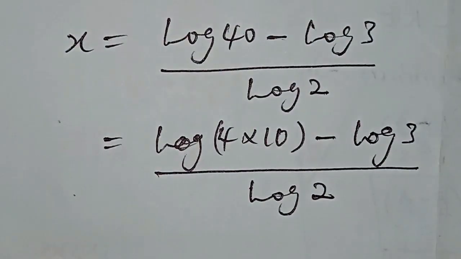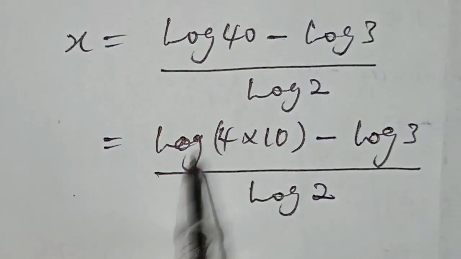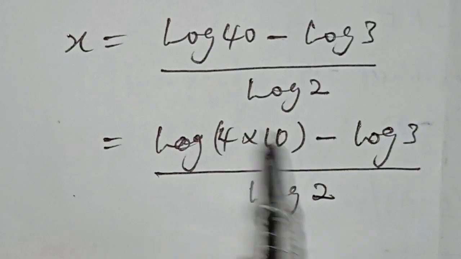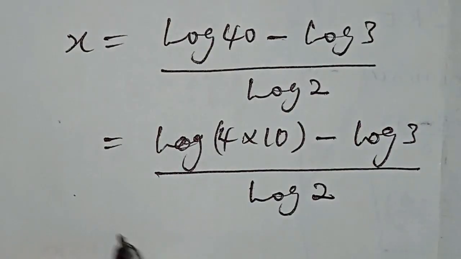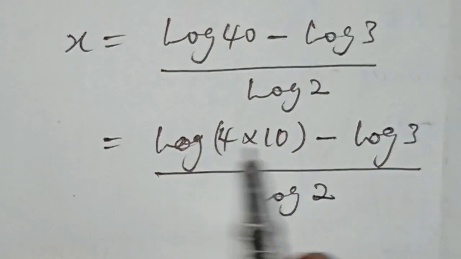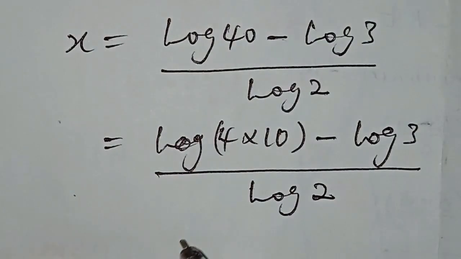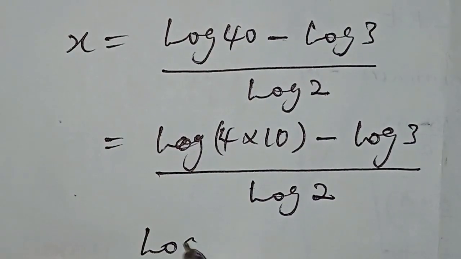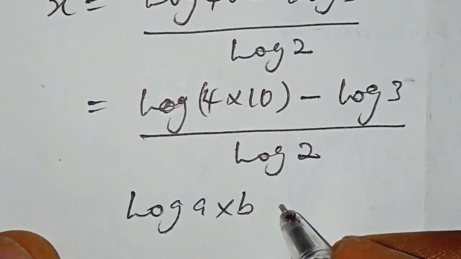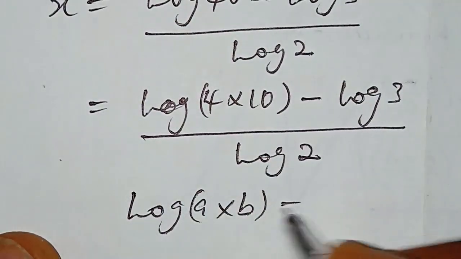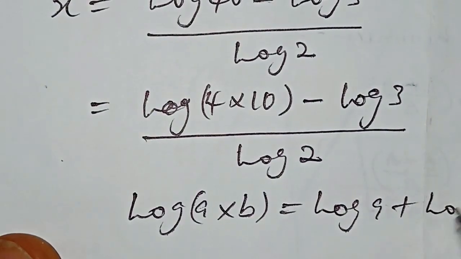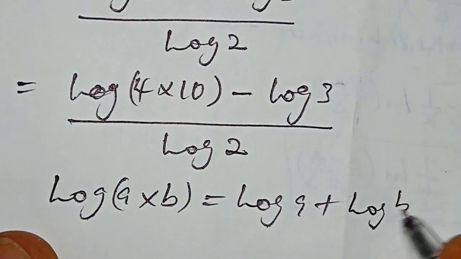So this is what we have in our next step. This we can simplify as well, by using another identity of log, which implies that if you have a log of a multiplied by b, you can express it as log of a plus log of b.